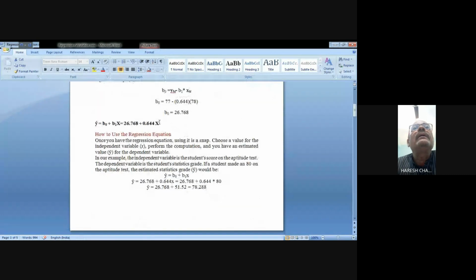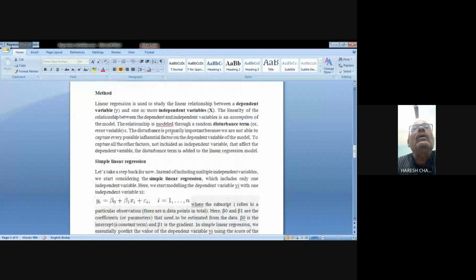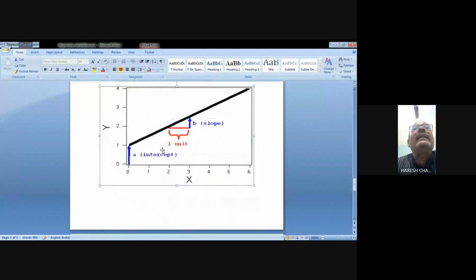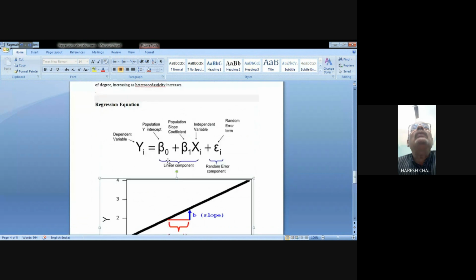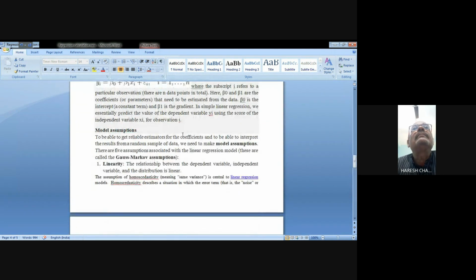Any question? This is the intercept, this is the slope. This is the regression line. This is 1 unit, this is B slope. This is A, which is written as B0 here. So you can write it both ways.